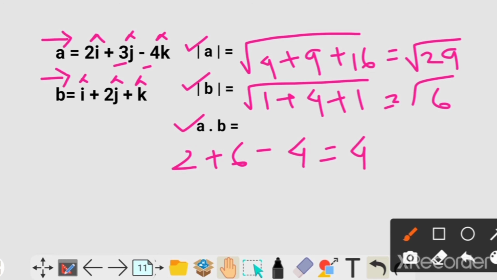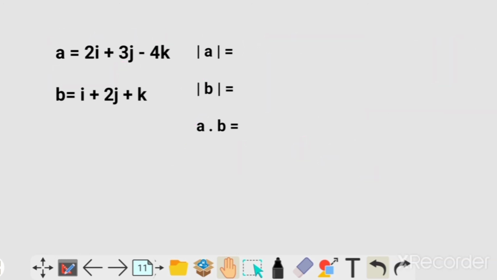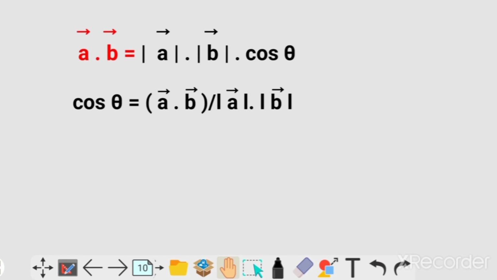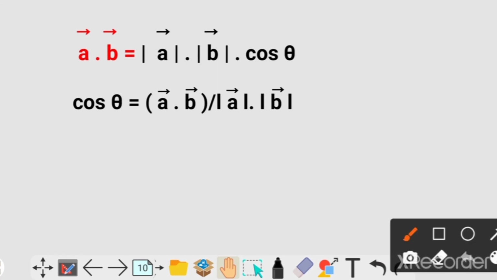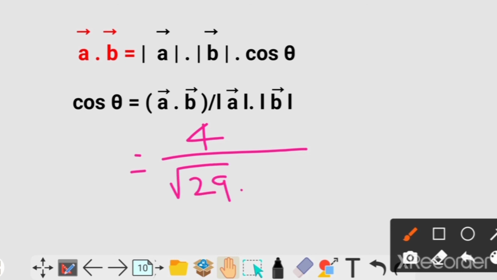Now it's time to find the angle. So we have found the magnitude of A, magnitude of B, and A dot B as 4. Now I am just clearing the board. Here is the formula. The formula says cos theta equals A dot B, we get 4 there, and for modulus of A we get root 29, and modulus of B we get root 6.